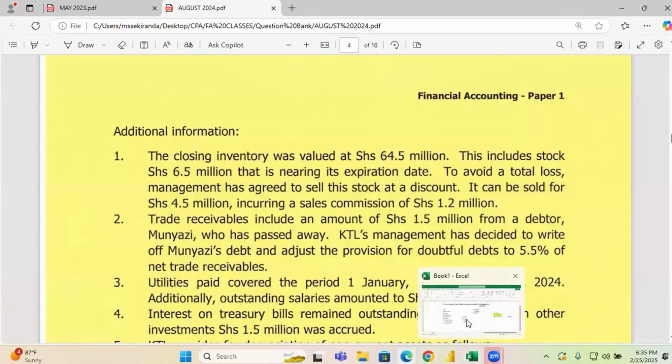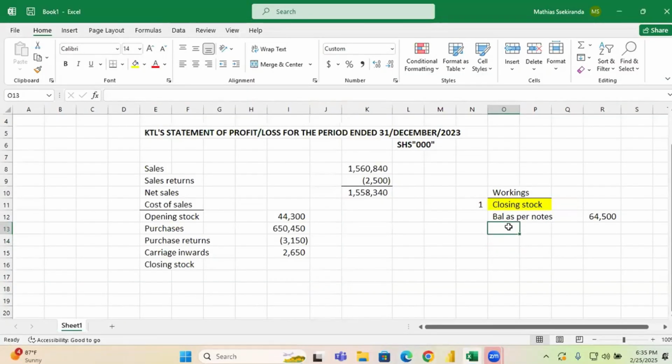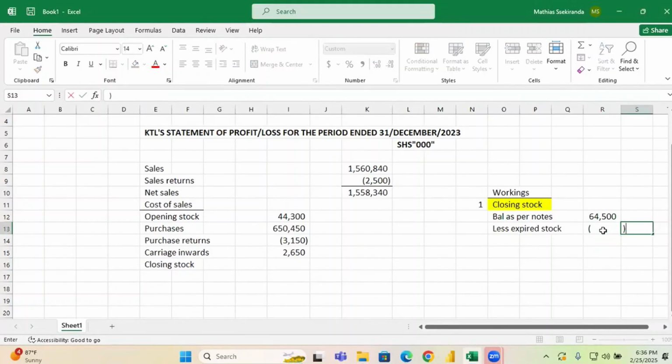So the easiest way is to first less that stock. Let me call it expired stock, just to be brief. Less expired stock worth 6.5. What I want to get is the stock that has no issues. Now, the stock that has no issues will be how much?